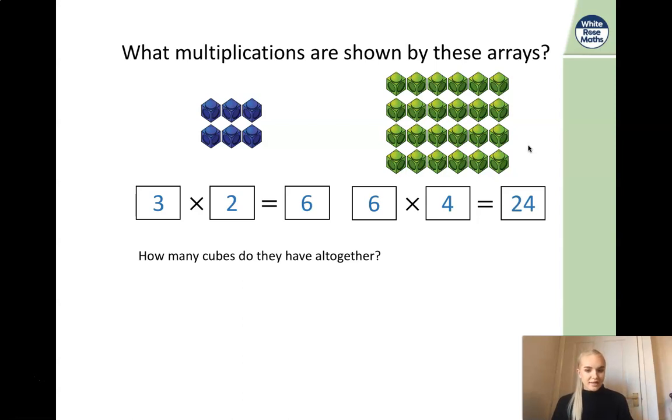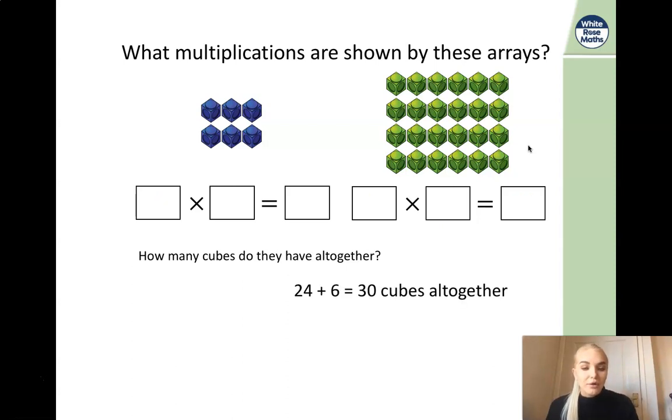Now, to find out how many cubes are all together, we need to add the blue cubes to the green cubes. So our new addition will look something like this: 24 add 6. And if you've worked that out, you will know that there are 30 cubes all together. So we worked out the amount of the blue cubes, then we worked out the amount of the green cubes, and then we worked them out all together.